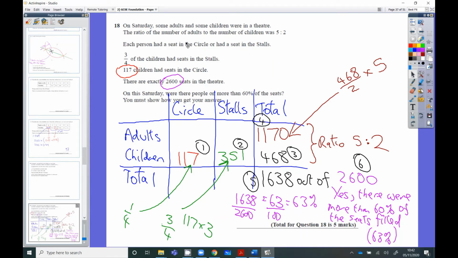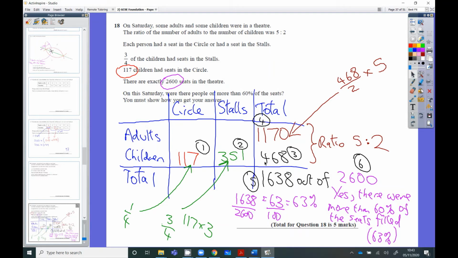Now I'm going to focus on the fact that the ratio of the number of adults to the number of children was 5 to 2. So there's 2.5 times the number of adults. That's the adults, that's the children. 2 times 2.5 gives me the 5. So I've taken my 468 and multiplied it by 2.5 to get the number of adults.